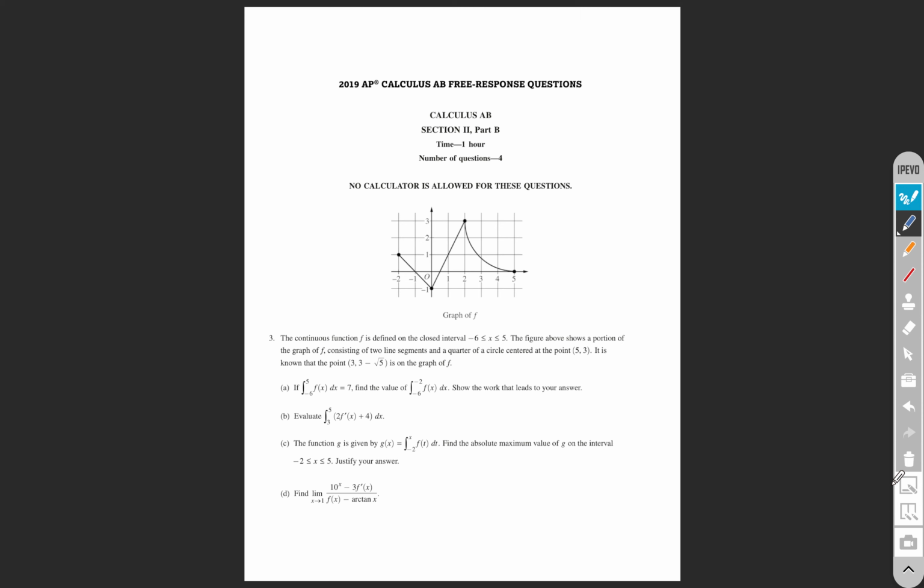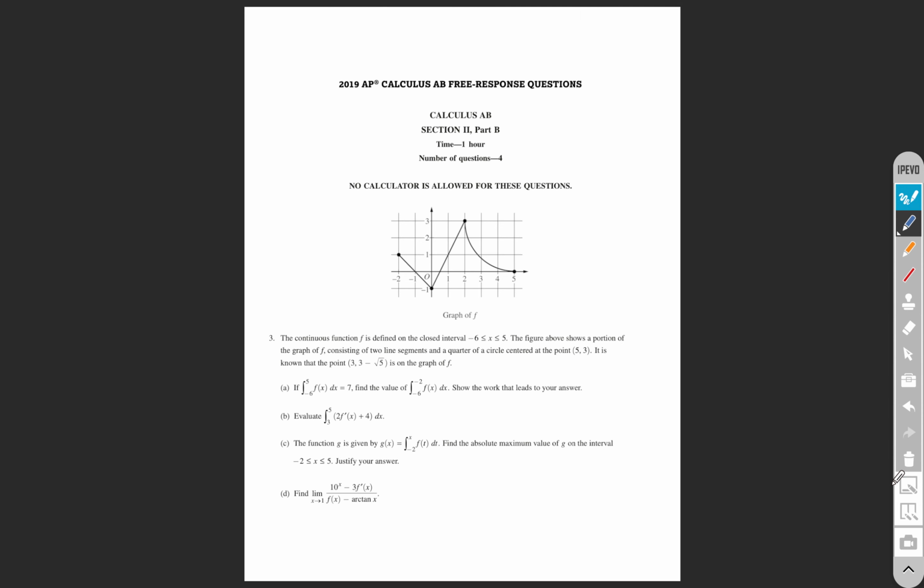First of all, let's take a read of what the problem is asking us. It says the continuous function f is defined on the closed interval from -6 to 5. The figure above shows a portion of the graph of f consisting of two line segments and a quarter of a circle centered at the point (5, 3).